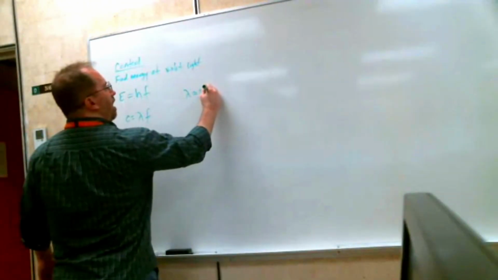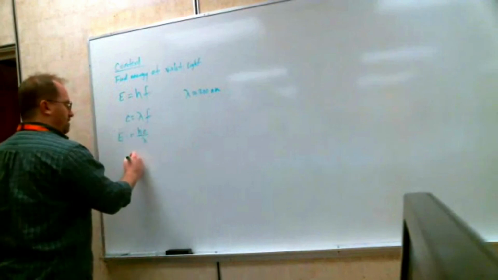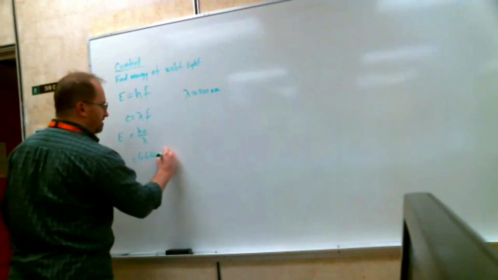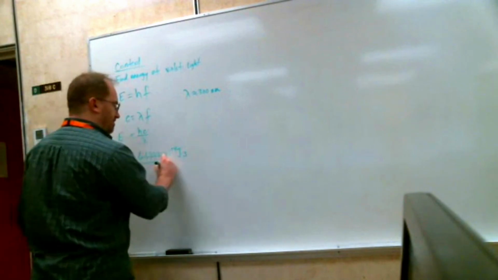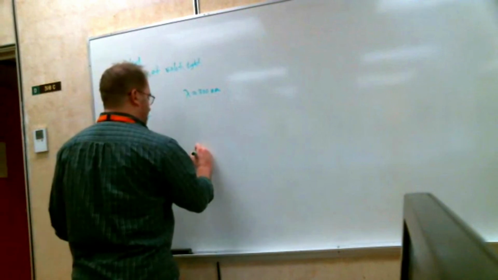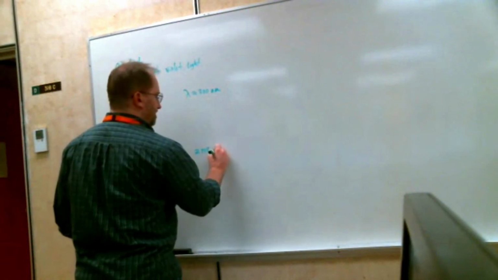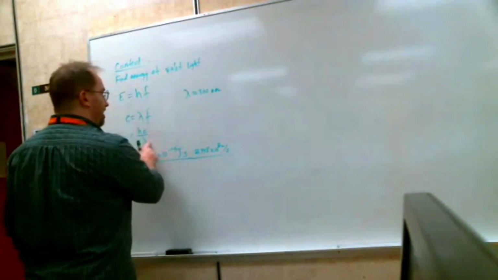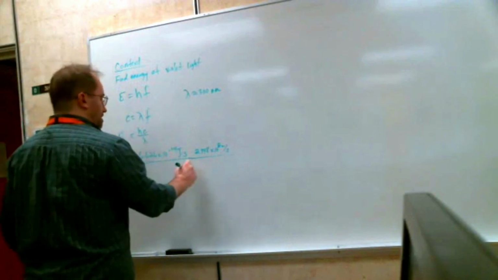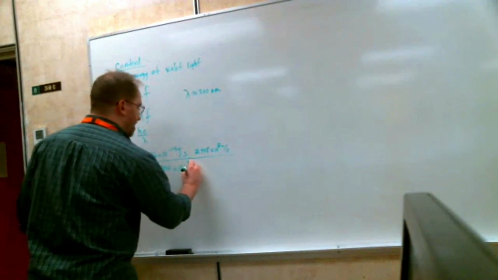Let's find out. Wavelength of violet light, 300 nanometers. 6.626 times 10 to the minus 34 joule seconds times 2.98 times 10 to the positive 8, I always get that backwards, meters per second, over lambda, which is 300 times 10 to the minus 9 meters.